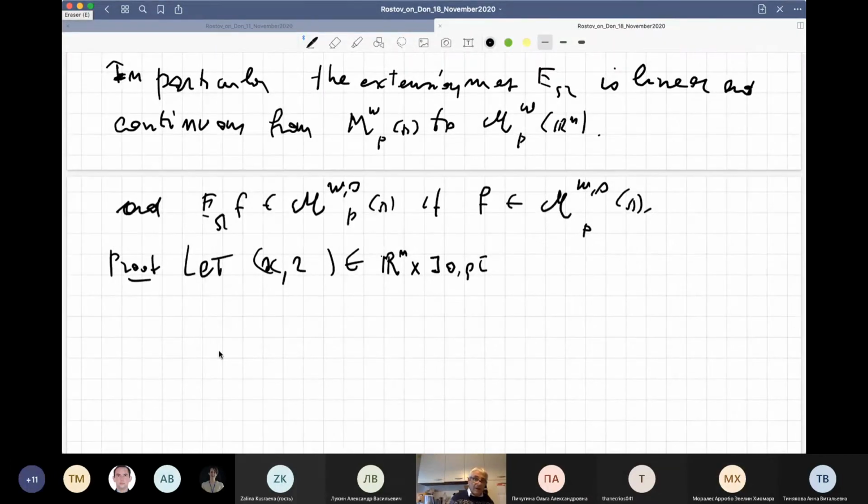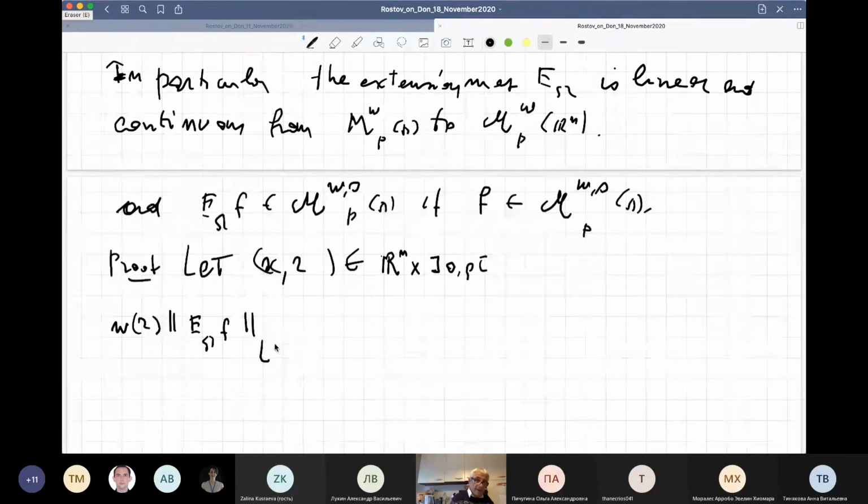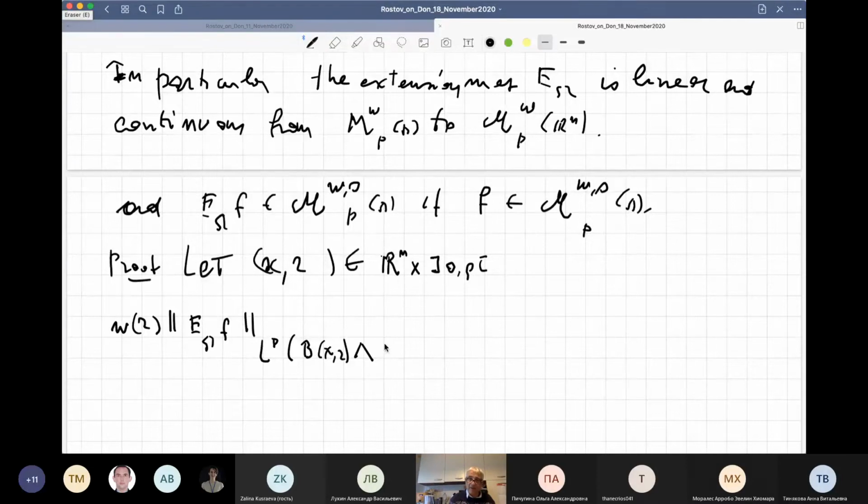So we take this one and we estimate the W_R times E_omega f, L^p, B(x,r). And here I put the intersection with what? I should put the intersection with the open set that I'm dealing with, but the open set I'm dealing with is R^n. So actually I could forget about it, because they are both always in R^n.